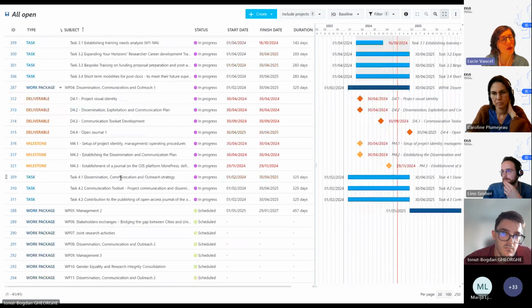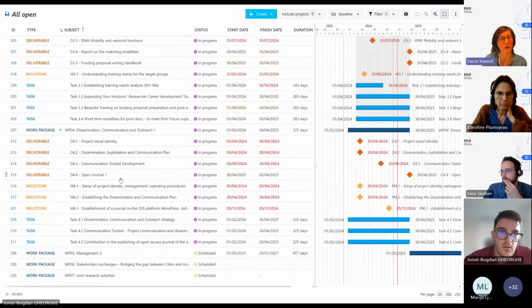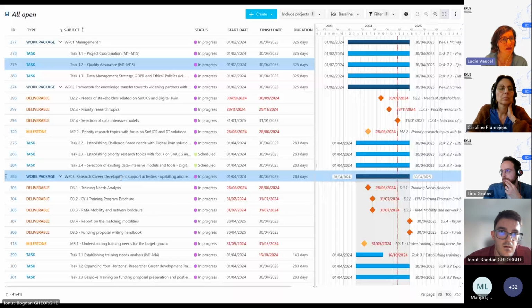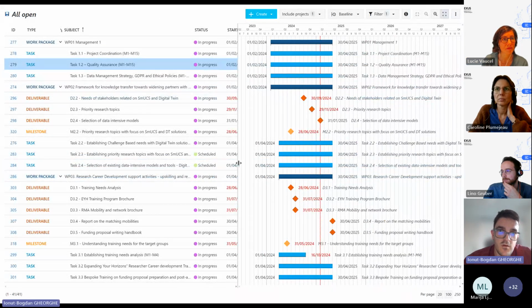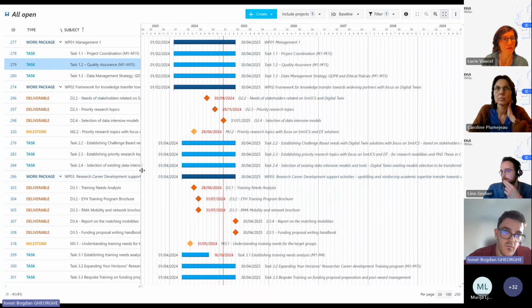Bogdan, sorry to interrupt. It's used with a specific software, right? Yes, all these features are provided by a platform, but there are many options. If you have to manage a project, there are many solutions, depending on the organization and what license they have, or you can make it in an Excel sheet.